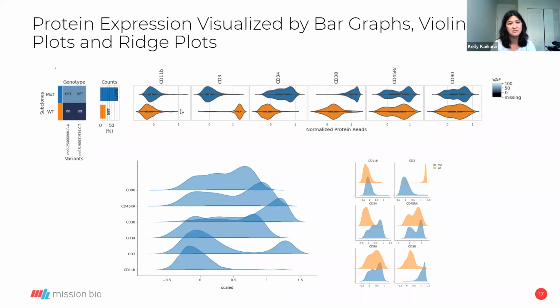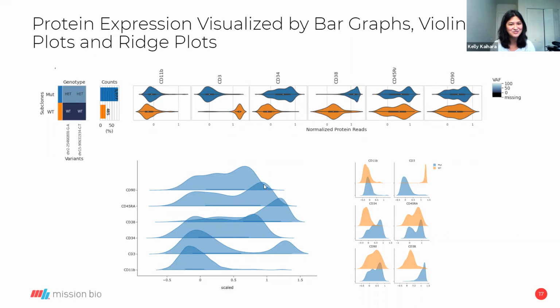We can create violin plots for each protein marker to get more quantitative expression levels for each protein. And so here we see with CD3, we have upregulation in the wild type population versus the pathogenic population. And if we look at CD38, we see this upregulation in the pathogenic population versus the wild type.